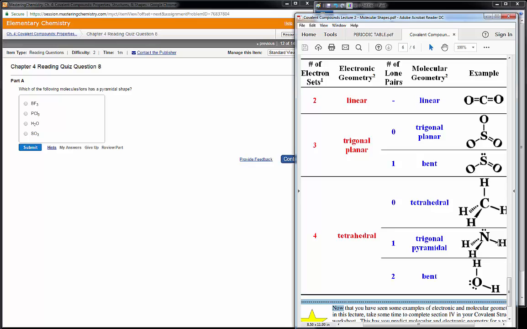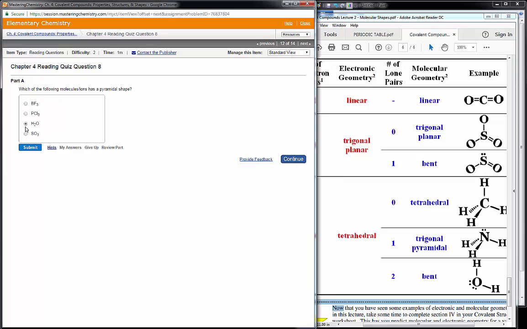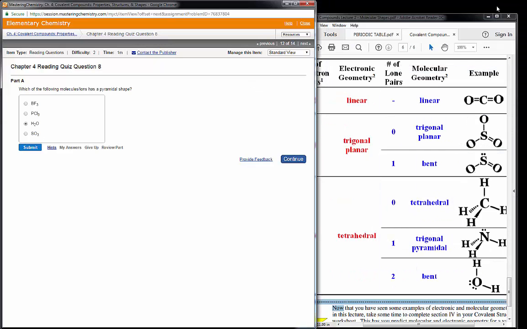I might still have to draw the structure to see if I have a lone pair or not, because I can have 3 exterior atoms with no lone pair, as in this case, or 3 with a lone pair, as in this case. But if I don't have 3 exterior atoms, I can't be pyramidal. So I can eliminate H2O. It can't be H2O because that would only have 2 hydrogens attached to the O. But I do have to write out BF3, PCl3, and SO3.